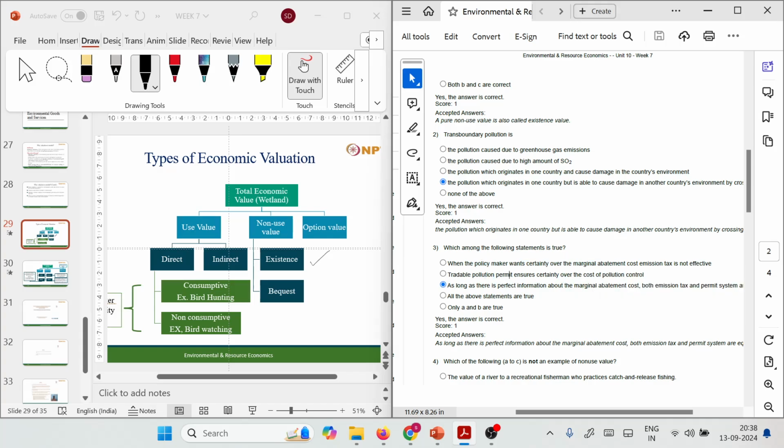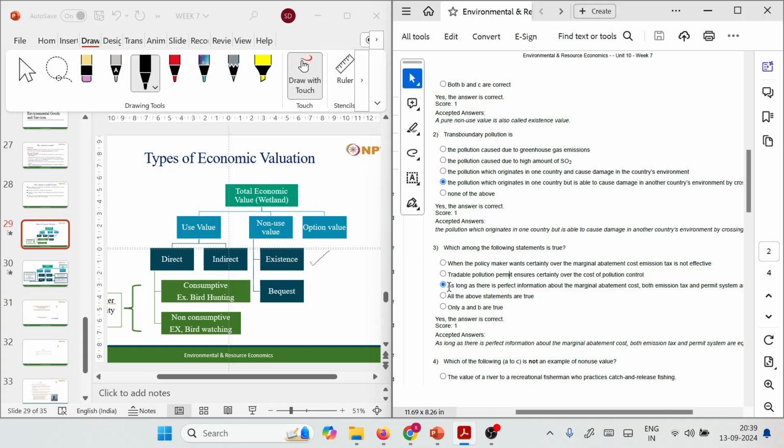Second one, tradable pollution permits ensure certainty over the cost of pollution control. This is also incorrect. The real correct sentence is that tradable pollution permits do not ensure certainty over the cost of pollution control.